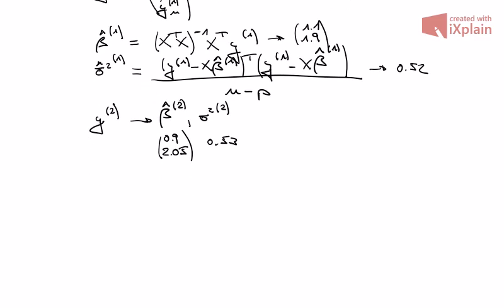Well, now you can do that again and compute the estimates for the next sample, and get, for example, 0.95, 2.10, and 0.48.